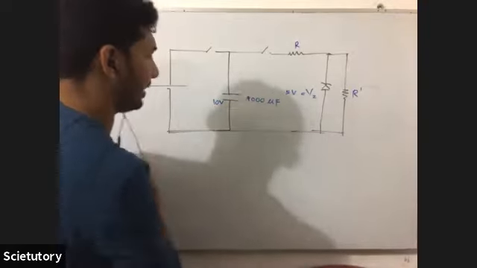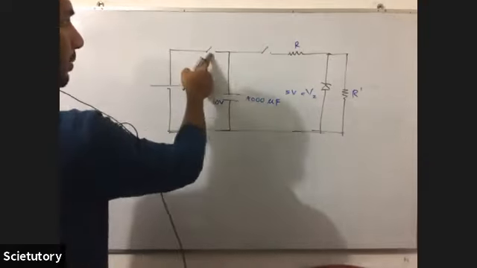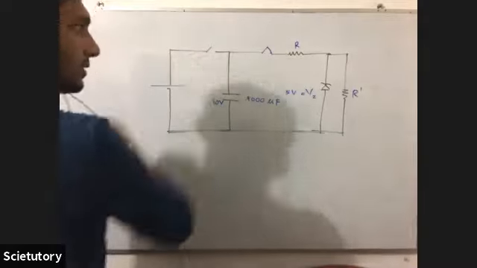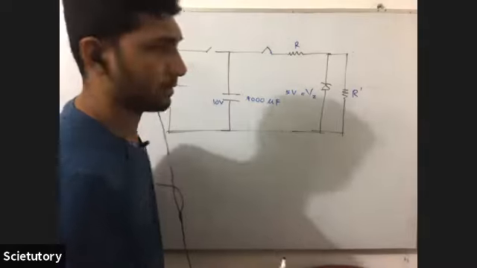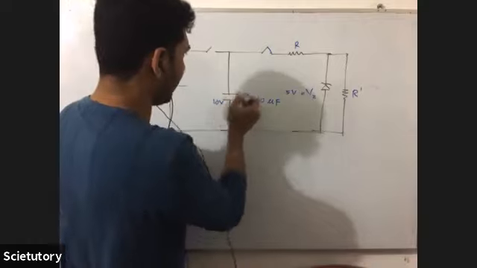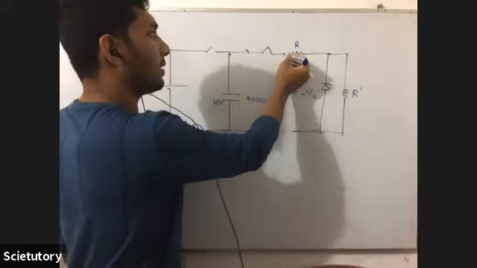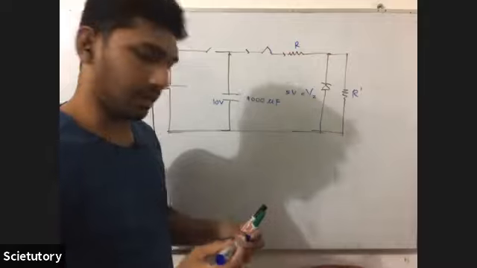It's charged completely. Now the switch is open, and you are going to close this. So after charging, you close this, and the capacitor will supply the charges to this circuit.